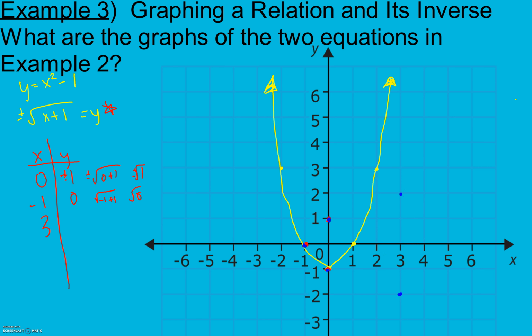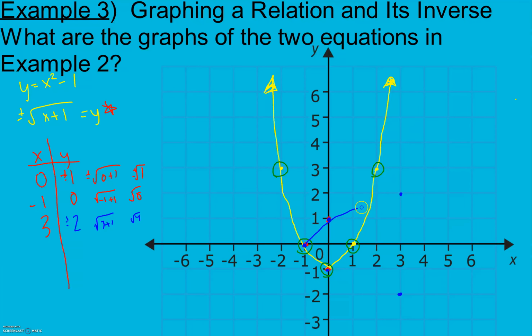Again, we could have checked here and been like, okay, so 3 is what I add there. Square root of 3 plus 1 is the square root of 4, which is 2, plus or minus. So I have 3, 2 and 3, negative 2. But that takes a little bit more thinking, and that's fine if you want to do it that way. The other thing we can do is take each of our points on our parabola and swap our coordinates x and y, and that will give us the points we need for our inverse.